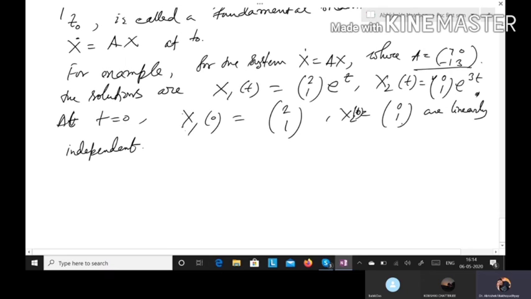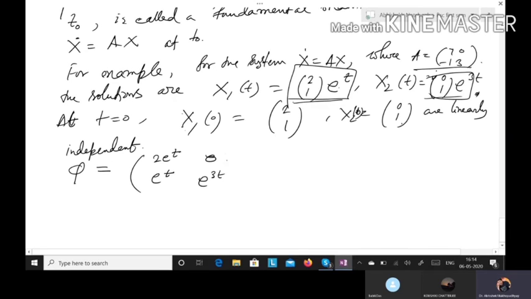So since they are linearly independent, just putting the columns together, we will see that this matrix phi, which is the first column 2 e to the power t, e to the power t, and the second column 0, e to the power 3t.